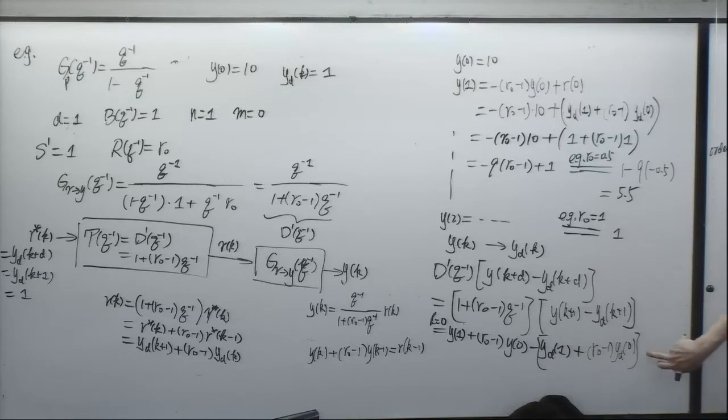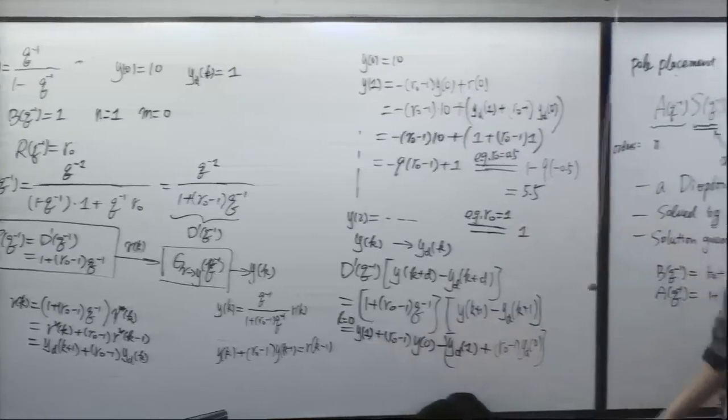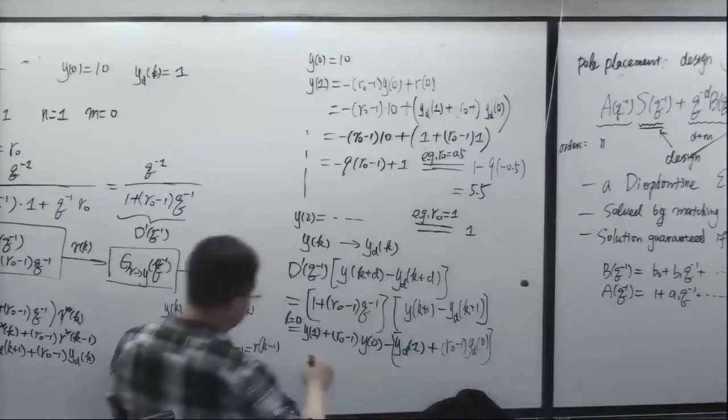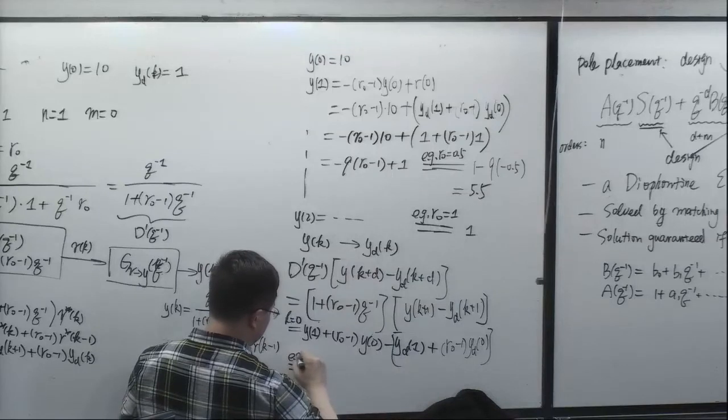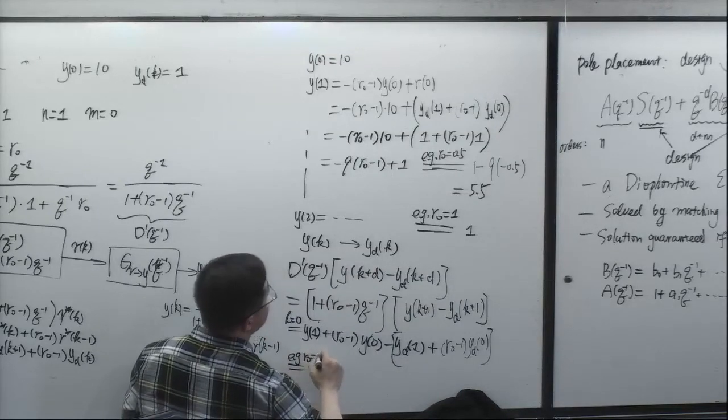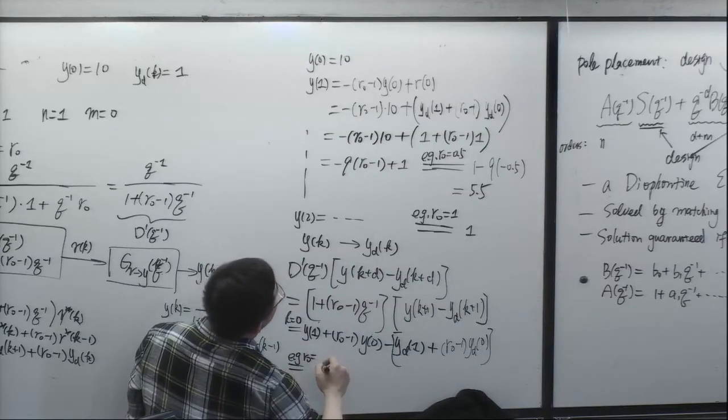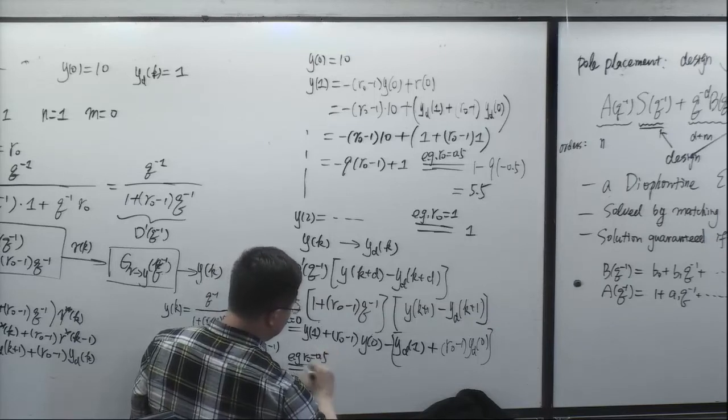All right, so take a look. Plug in these numbers in here. We know Y0 and Y1 already. Let's say R0 is 0.5 in that example.